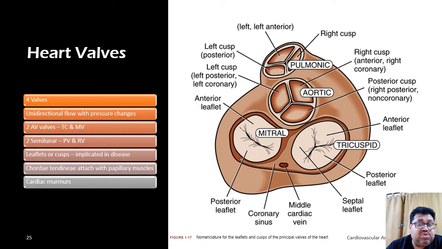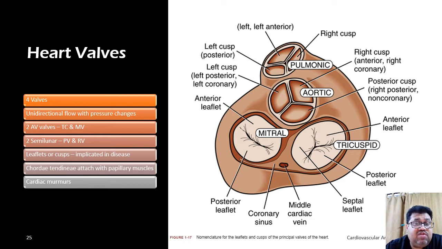Flaps of tissue which cover these valves are called leaflets. Therefore, these leaflets, or they're also called cusps, are the tissues which restrict or guard the heart valve openings.